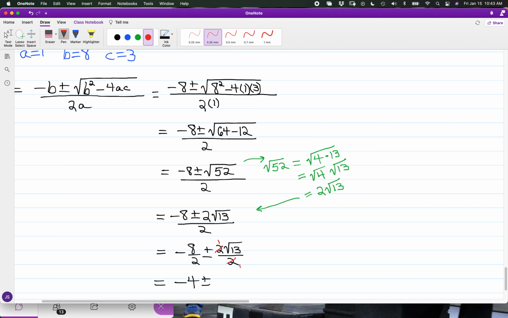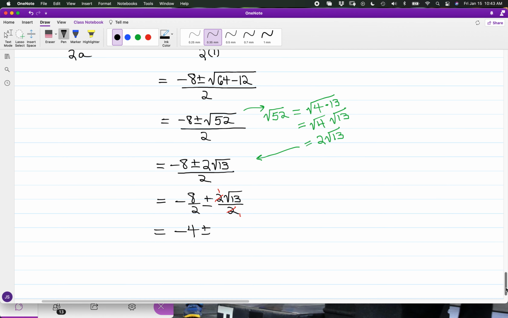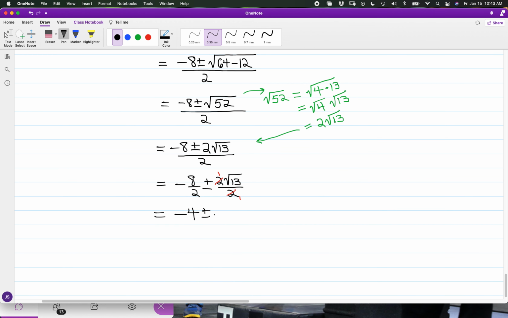So this second half goes to the square root of 13. So with our irrational roots, we have negative 4 plus the square root of 13, and also negative 4 minus the square root of 13.